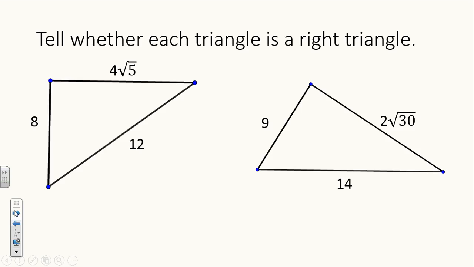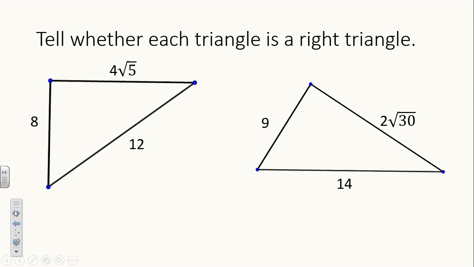Let's try this out. They will give you some triangles, and they will say decide whether it's a right triangle or not. There's no right angle here, right? So which of those three sides in that first triangle appears to be the longest, Jaden? 12, okay?